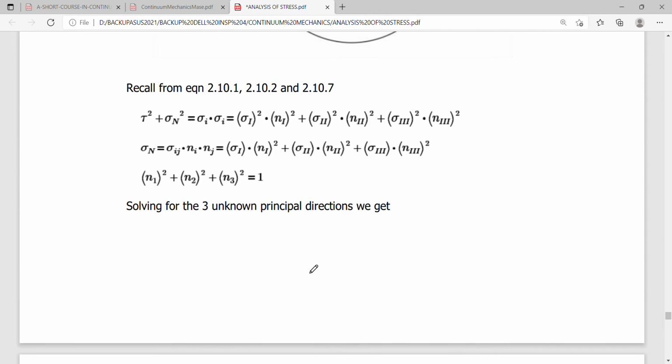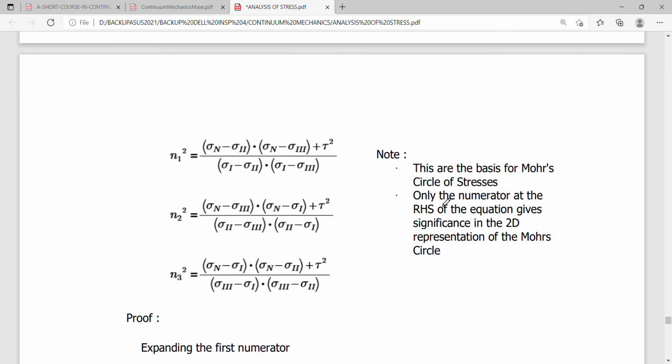So again, we recall from equations 10.1, 10.2, and 10.7, these three equations, and solving for the three unknown principal directions n1, n2, and n3, we simply get these three equations here.